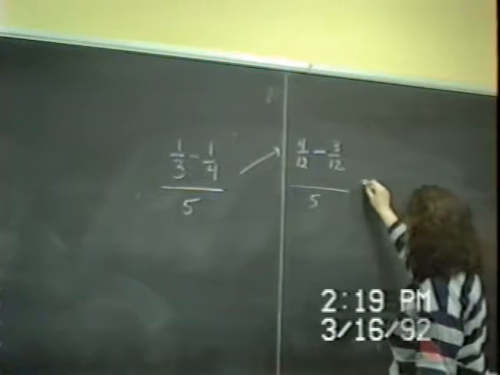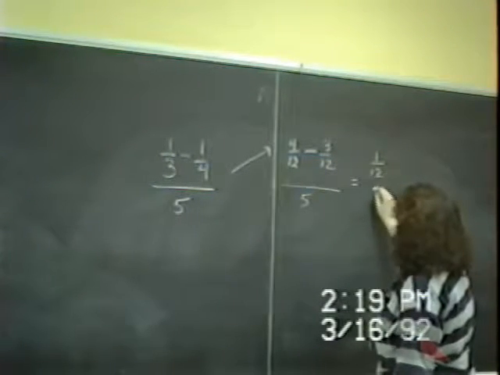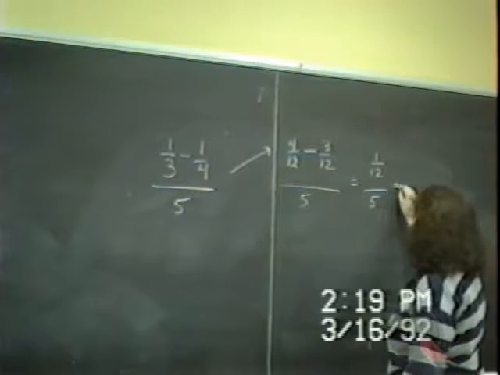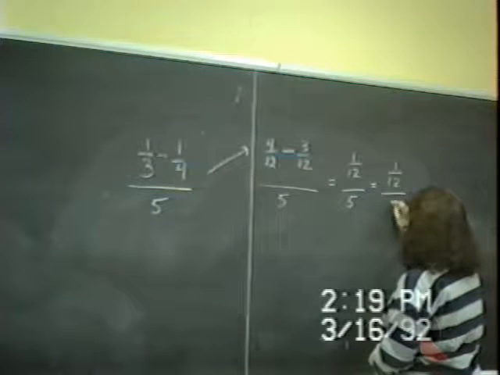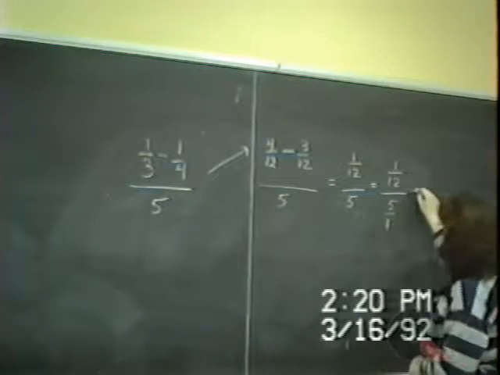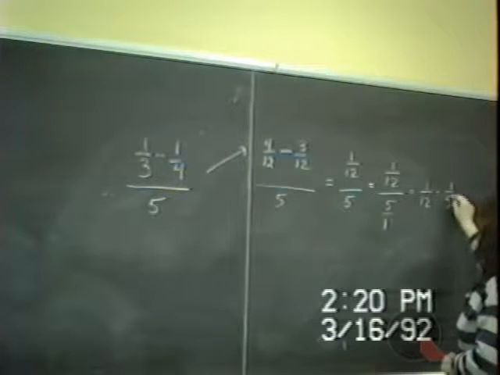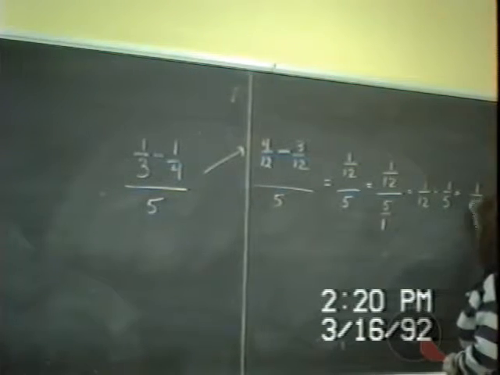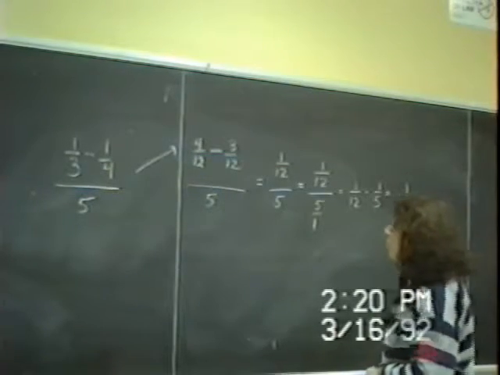This gives us 4/12 minus 3/12, 1/12 divided by 5, which is 1/12 divided by 5 over 1. And then we invert and multiply by 1/5, giving us an answer of 1/60. That's one way you're taught to handle complex fractions.